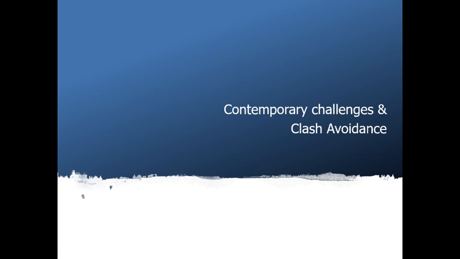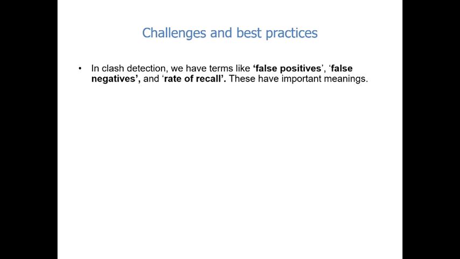So in order to do this, it needs practice. That's what I meant earlier when I asked, can you differentiate between approved and result? In clash detection, we have terms like false positives, false negatives, and rate of recall. These have important meanings.